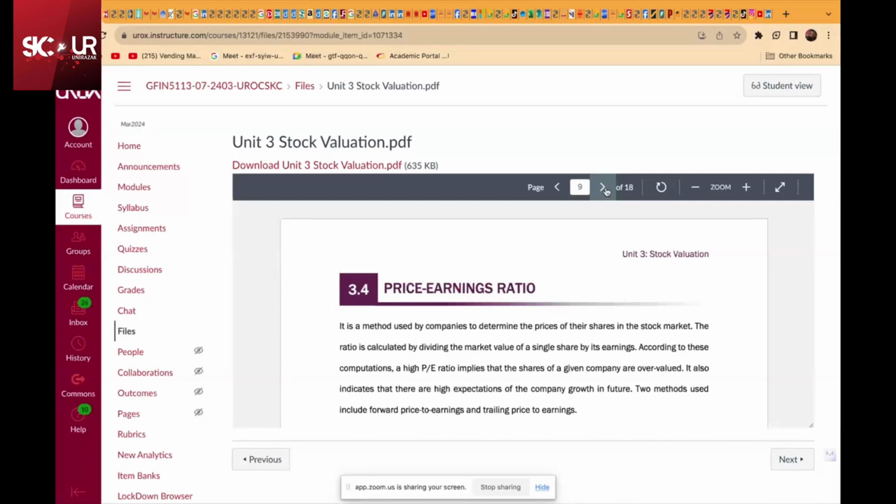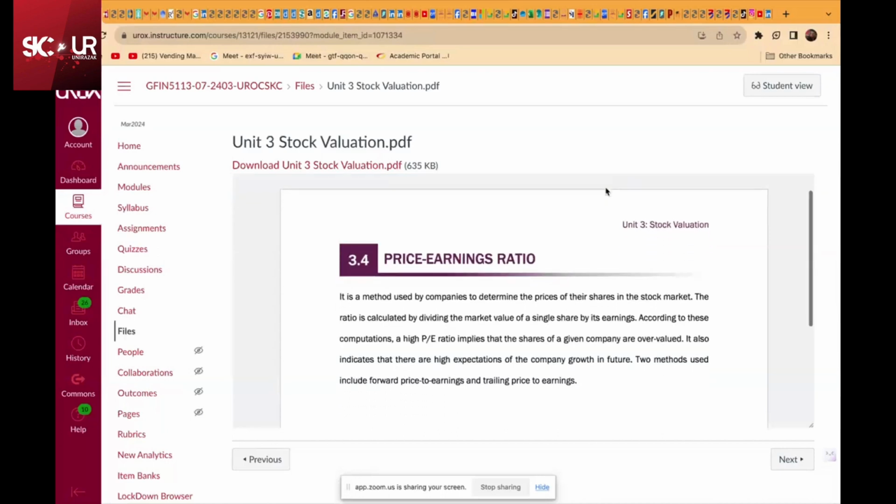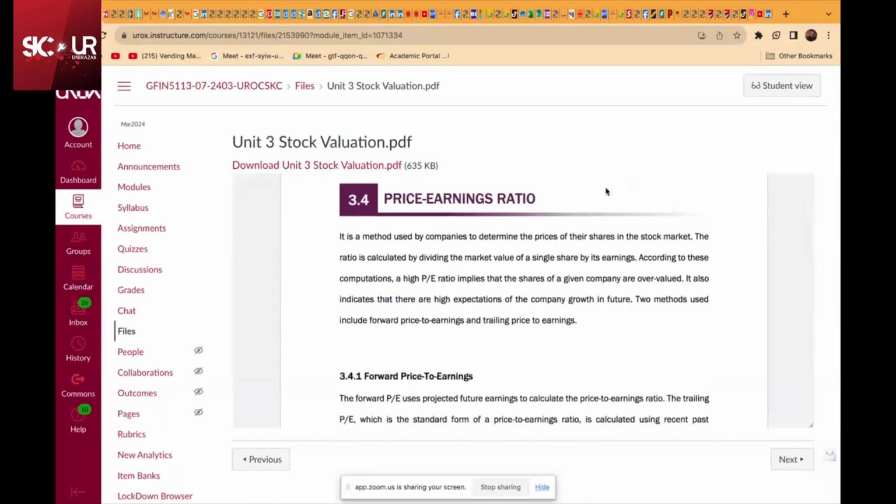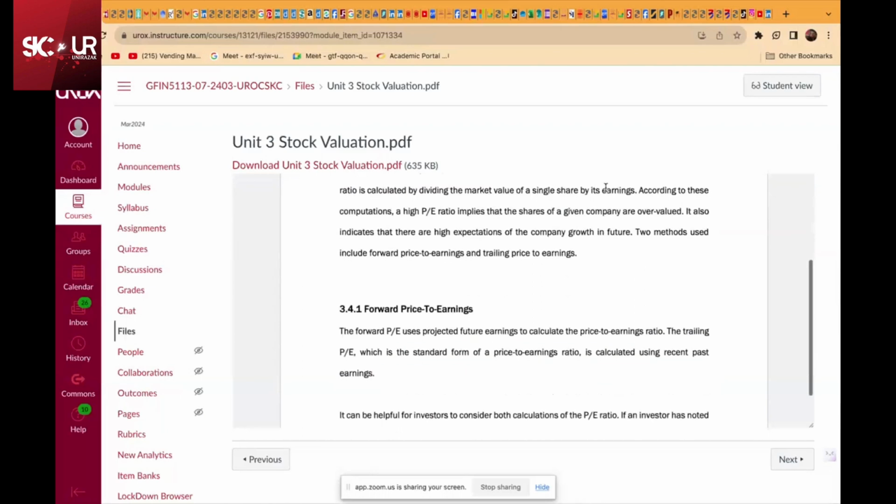Based on that, you will then make a decision whether this company is overvalued or undervalued. If it is undervalued, then it is timely for us to buy. So essentially, the price earning ratio gives an expectation of the investors on the company's future performance.